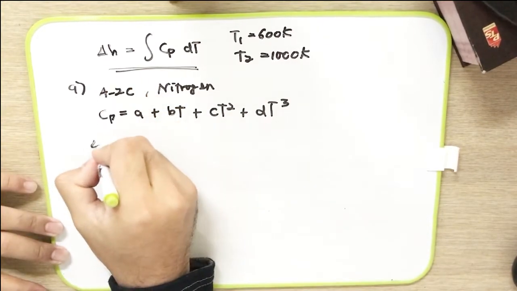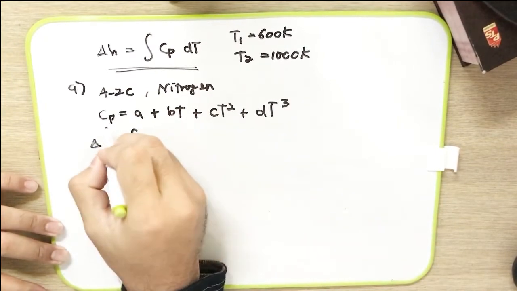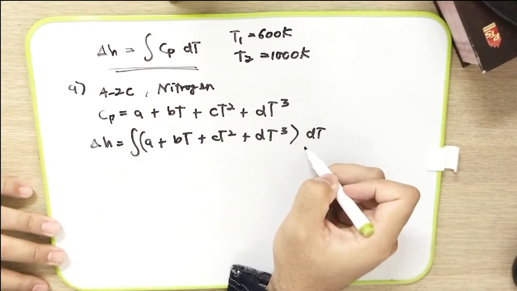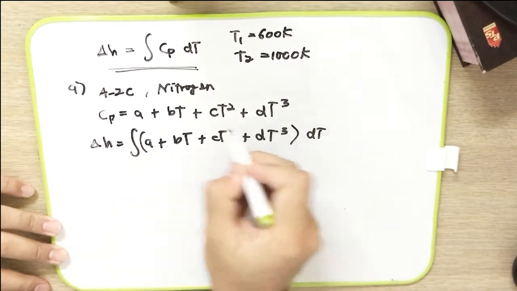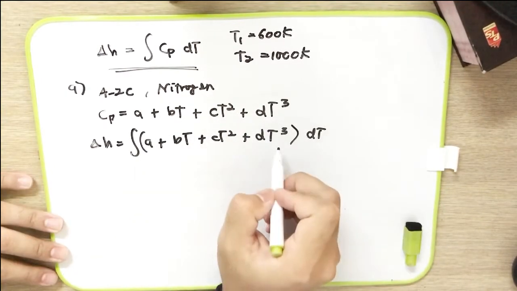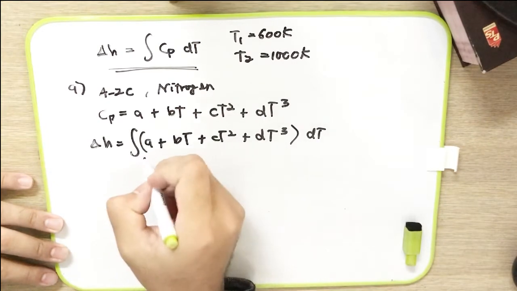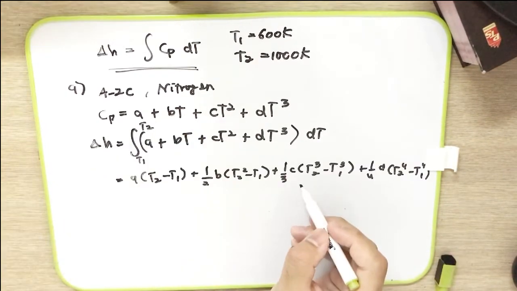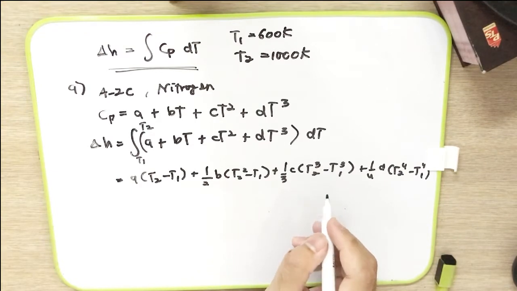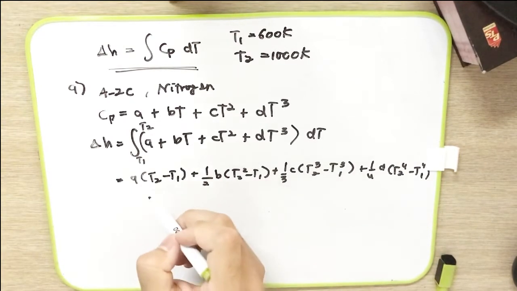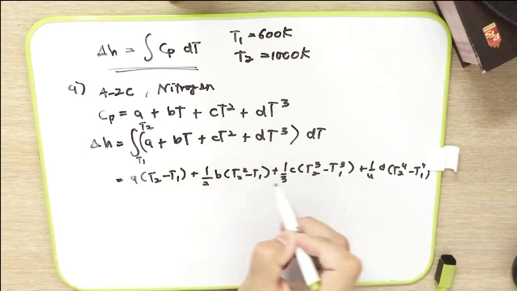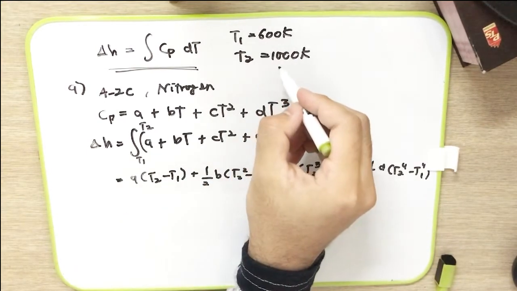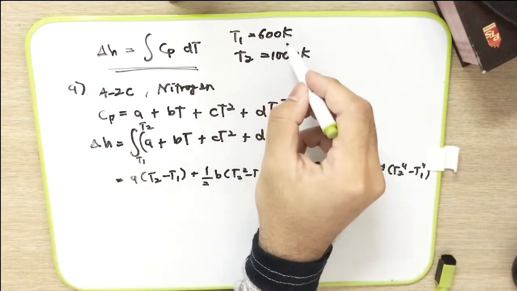To find the delta H, we need to integrate this CP from T1 to T2, in which it will become like this. From table A-2C, we find one by one the A, B, C and also D, and this T2 is 1000 and T1 is 600 Kelvin.